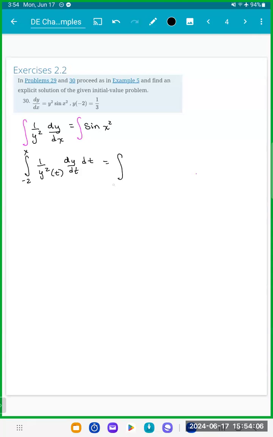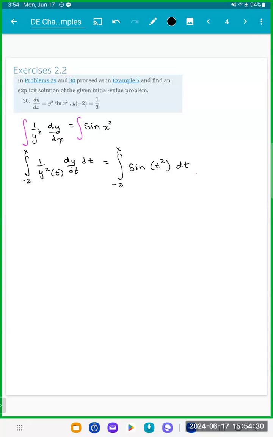And so we're integrating both sides from -2 to x. And so this is our sine of, so we're letting our x's be t's now. And we're following along again. If you reference the textbook, you can proceed as example number 5 in that textbook.